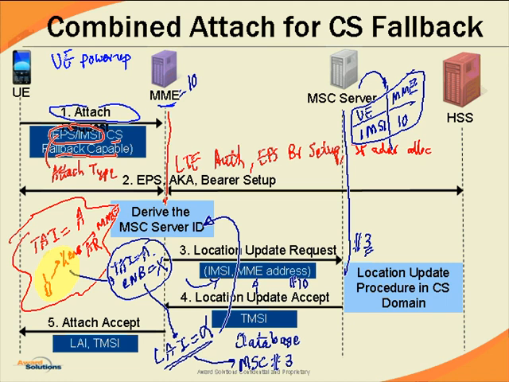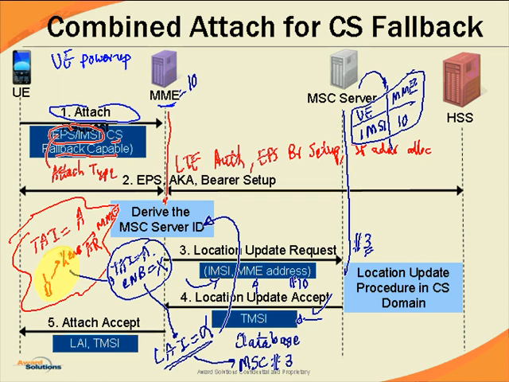So location area update accept. We know that, okay, we have to allocate TMSI. So this is a temporary ID. So if you recall, we want to minimize the use of original identities such as IMSI. So we are now allocating TMSI.